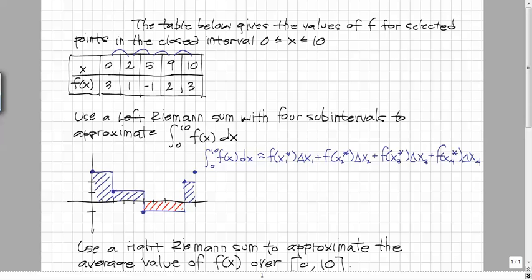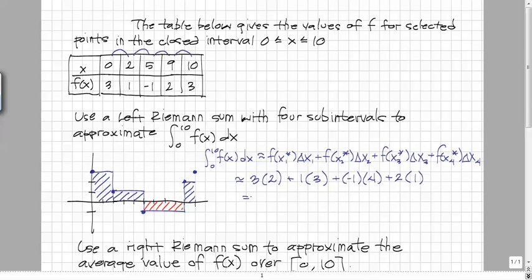Then we're ready to plug the values that we know into this formula. So we're saying that the integral from 0 to 10 is approximately equal to 3 times 2 plus 1 times 3 plus negative 1 times 4 plus 2 times 1.